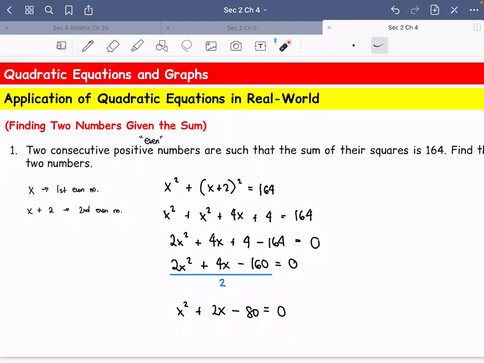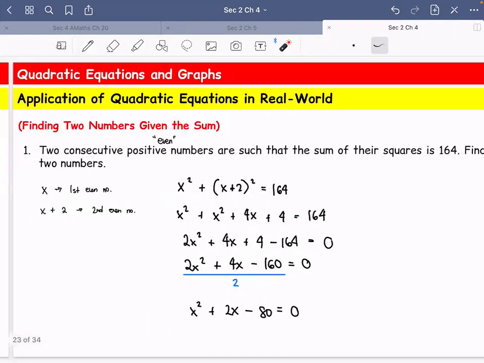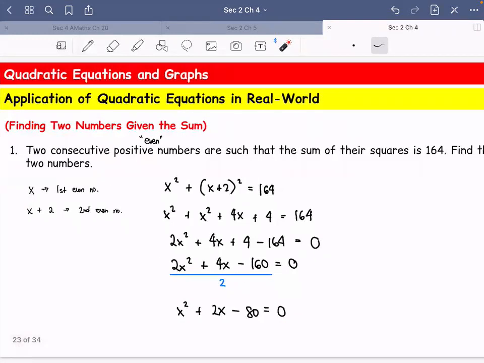You have 3 terms, so we will use guess and check, right? How do you factor this out? For this one, this is x and then x. How about 80? Remember this? Factors of negative 80, sum of positive 2. What two numbers, when we multiply them, equal negative 80, and when we add them, equal 2?